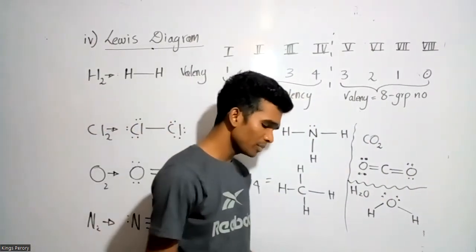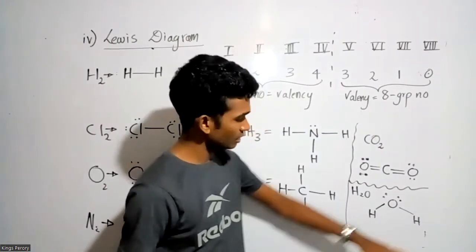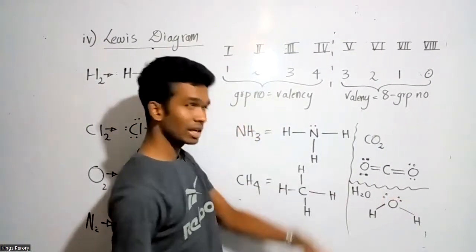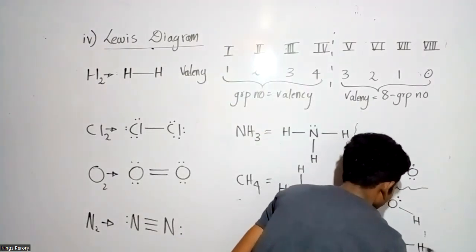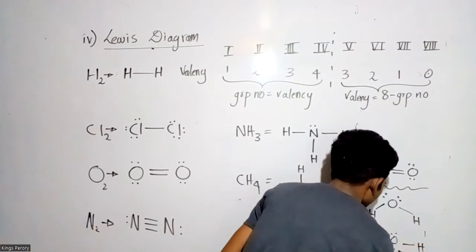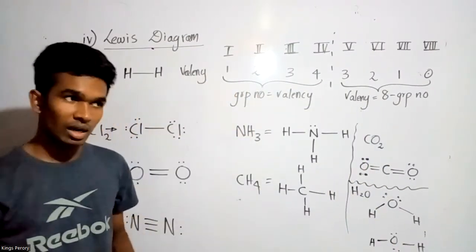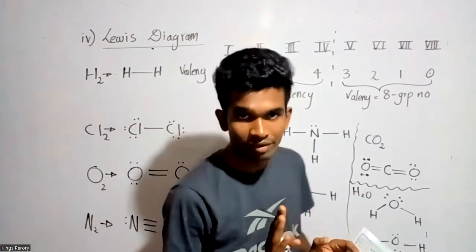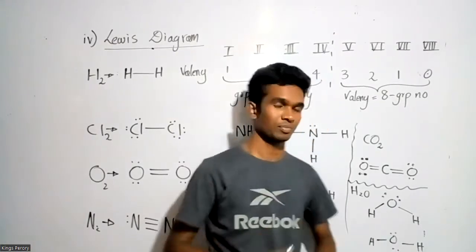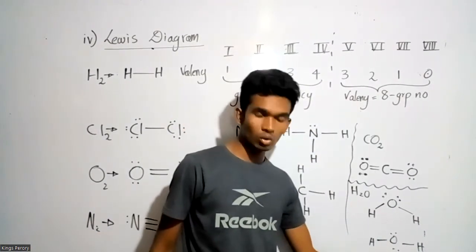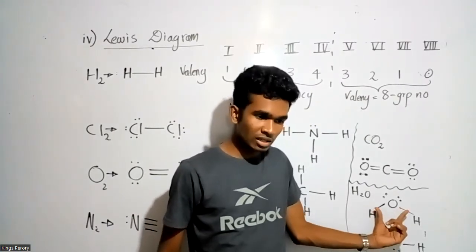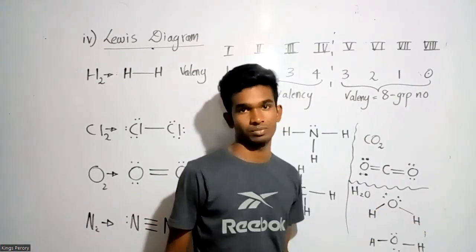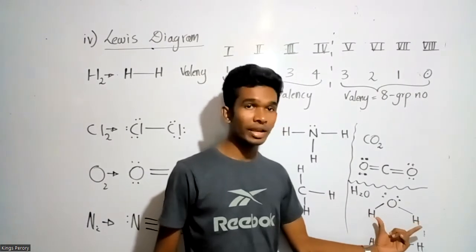And sometimes you might ask, can't we draw it in one straight line like this? What I would tell is in the O-level syllabus, this linear structure is okay. But remember, the most appropriate structure is this angular structure.